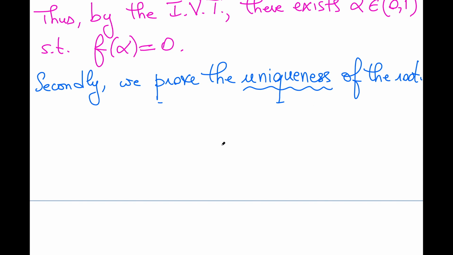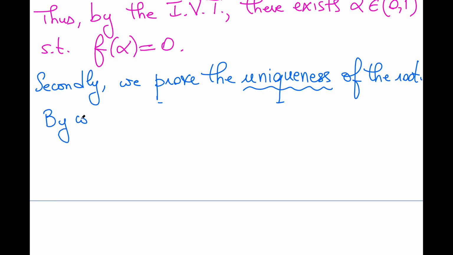I'm going to assume I have more than one. I'm going to assume I have 2. So let's assume, to be more precise, I want to analyze it by contradiction. So I'm gonna do the following.